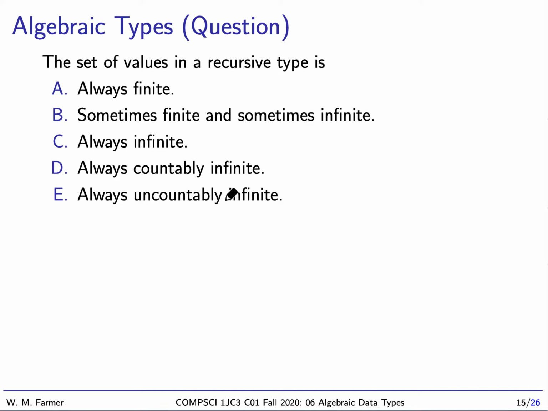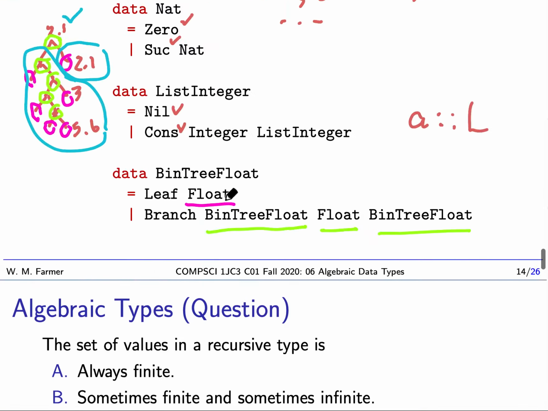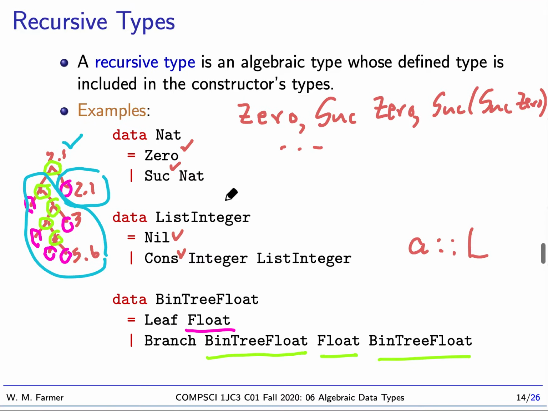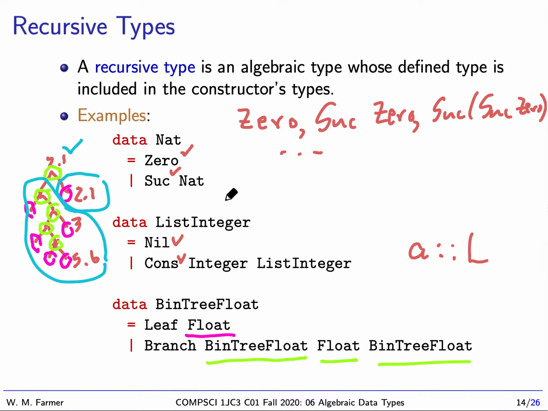Okay, welcome back. Let's just think a moment before we look at the answers about NAT. It's one of the simplest recursive types. And you can see that the values of NAT are going to be infinite. That's because it's recursive.